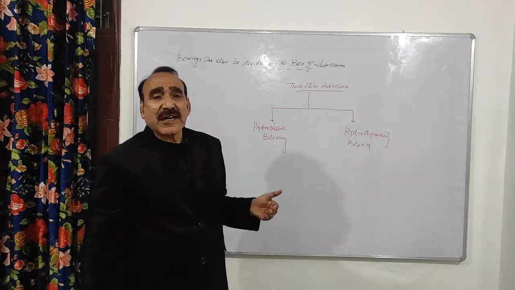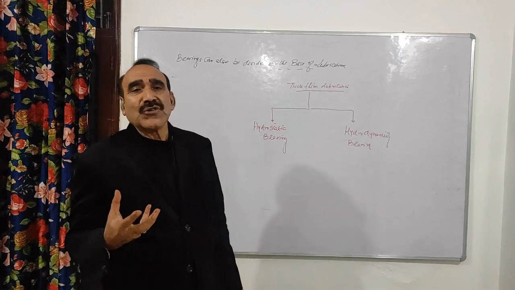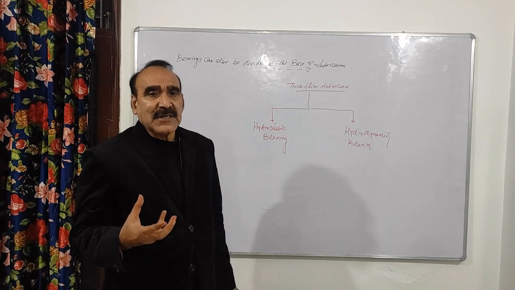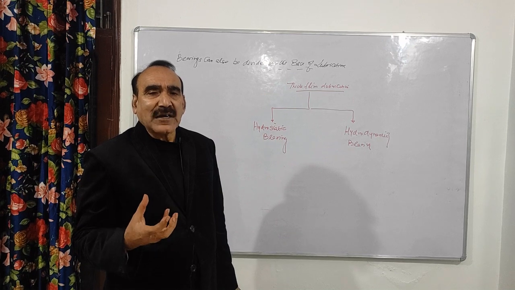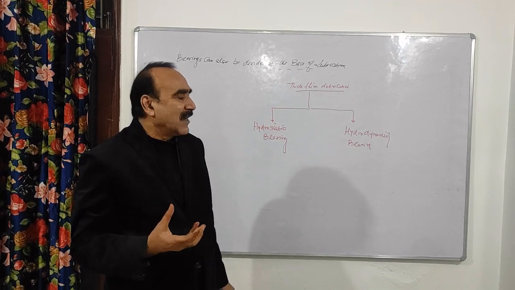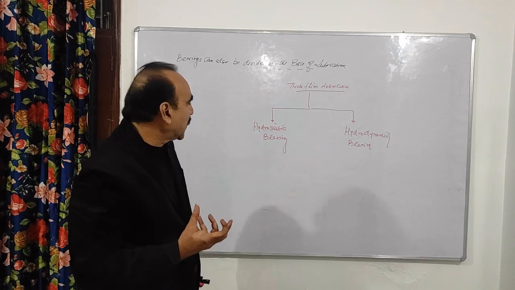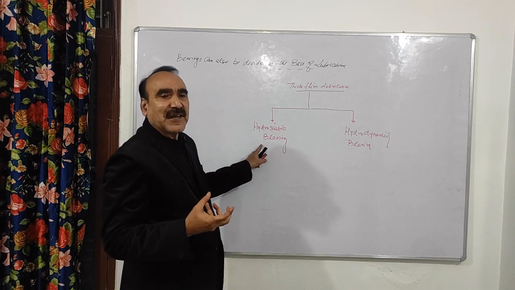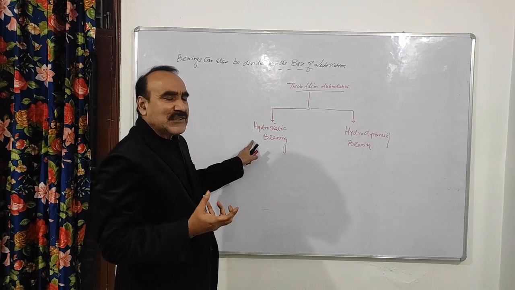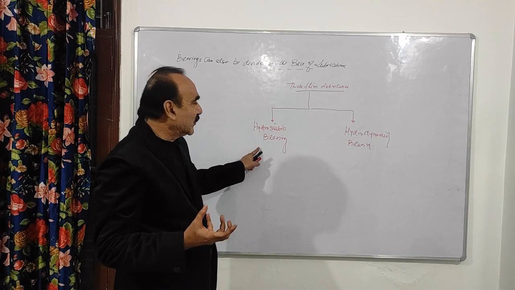In case of hydrostatic bearing, we use an external source, or you can say a pump, and the high pressure lubricant is flowed inside the bearing. So you can say the pressure is created by the pump, an external source there.